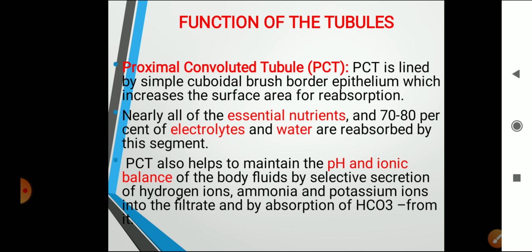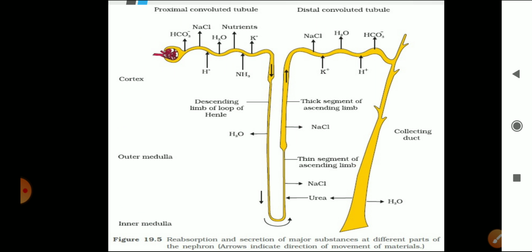PCT also helps to maintain the pH and the ionic balance of the body fluids by selective secretion of hydrogen ions, ammonia and potassium ions into the filtrate, and by absorption of bicarbonate from the filtrate. So that is the function of the PCT.